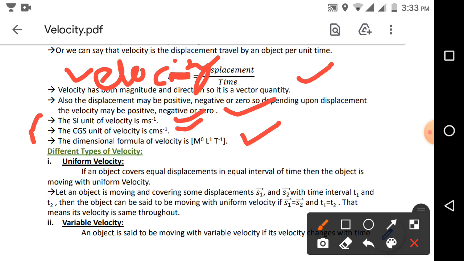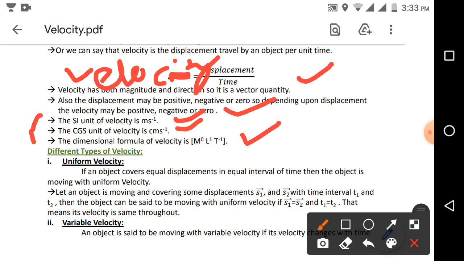Then, different types of velocity. First one, uniform velocity. If an object covers equal displacements in equal intervals of time, then the object is moving with uniform velocity. That means at every point the body is moving at a unique speed, and that speed is constant throughout the journey.